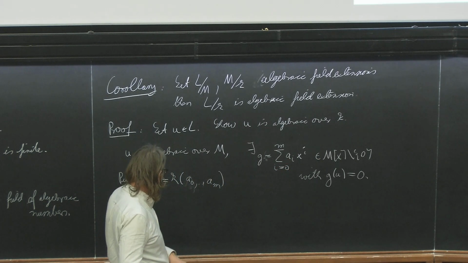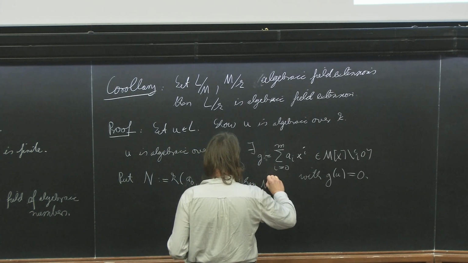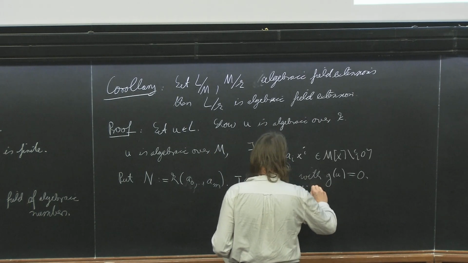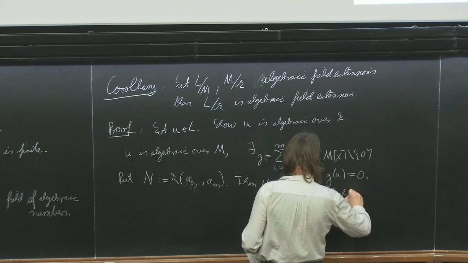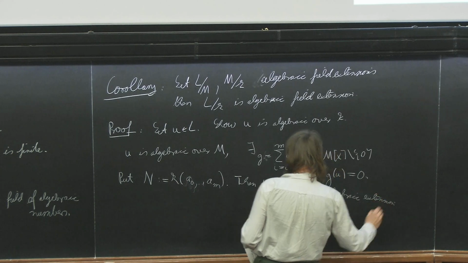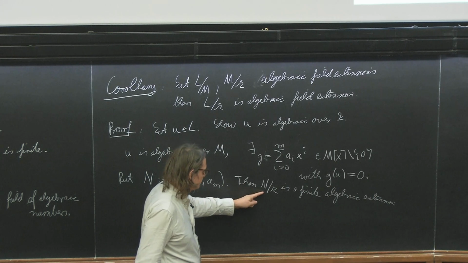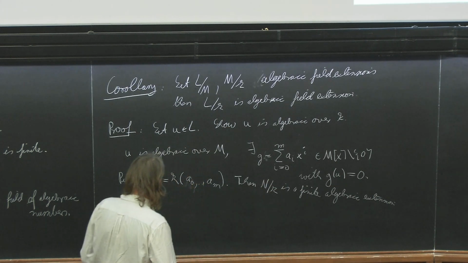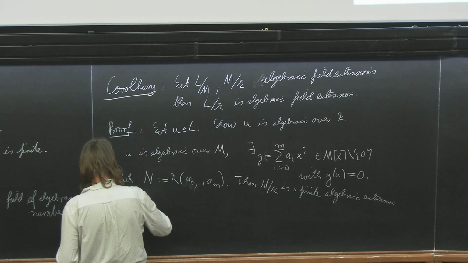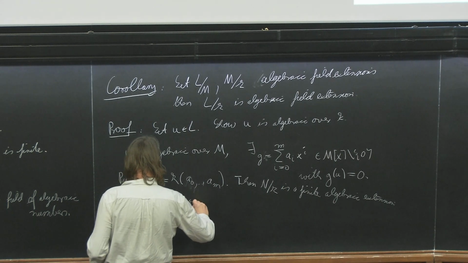So this is a finite algebraic extension of K. And we see that u is a zero of a polynomial with coefficients in N, because these are these a_i. So u is algebraic over N.